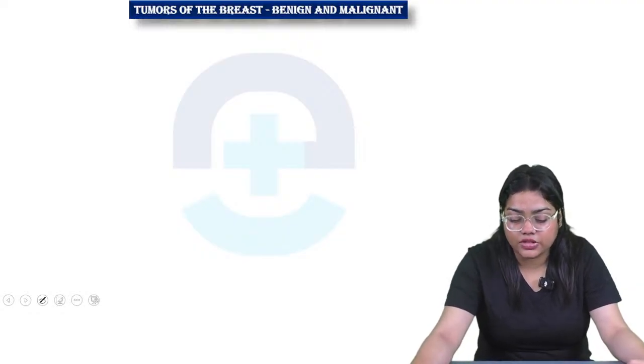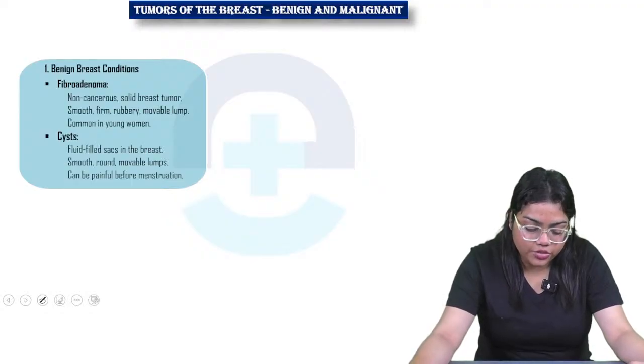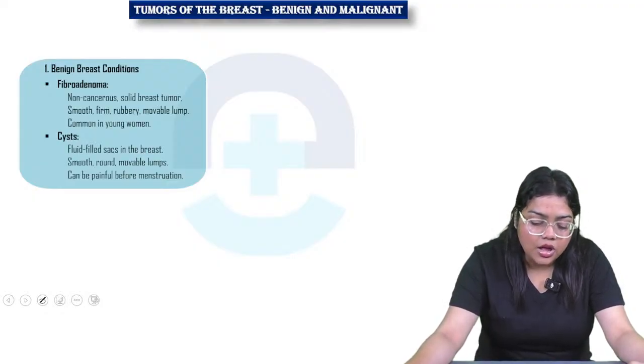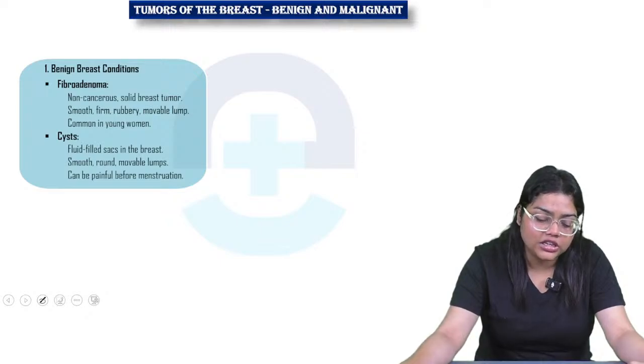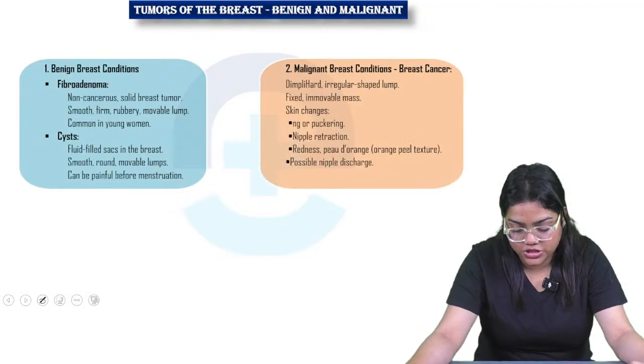Next is tumors of the breast, benign and malignant. Benign breast conditions include fibroadenoma and cyst. Fibroadenomas are non-cancerous solid breast tumors, smooth, firm, rubbery, movable lumps, common in young women. Cysts are fluid-filled sacs in the breast, smooth, round, movable lumps that can be painful before menstruation.